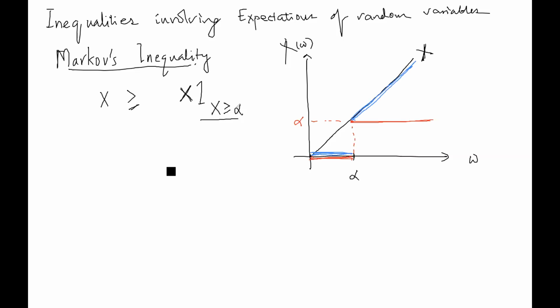So this thing here is this blue line. When x is below alpha it is 0, and once it reaches alpha or larger, it just becomes x, right? So it's this line.